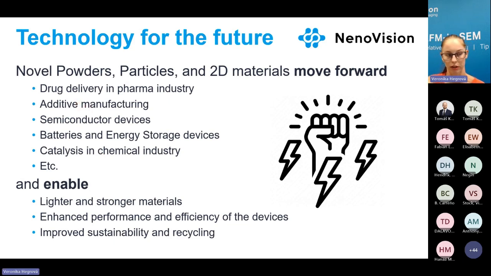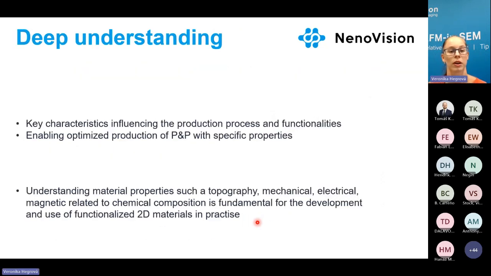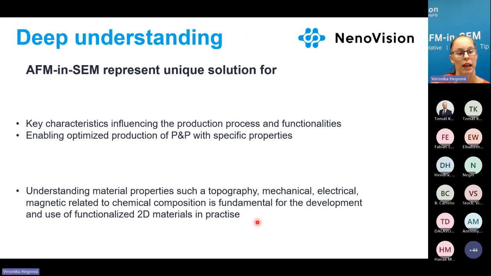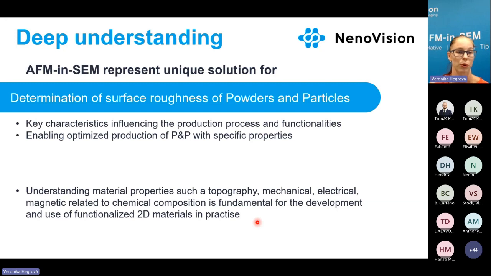Another one where many universities and many research institutions are searching is how to recycle well or more efficiently. And so AFM-in-SEM technology represents a unique solution for determination of surface roughness of powders and particles, which is key in influencing the production processes and reproducibility.